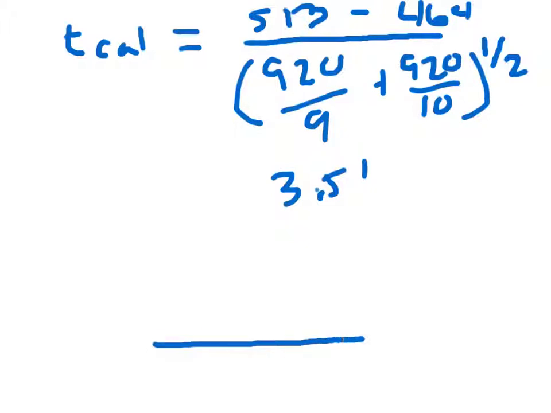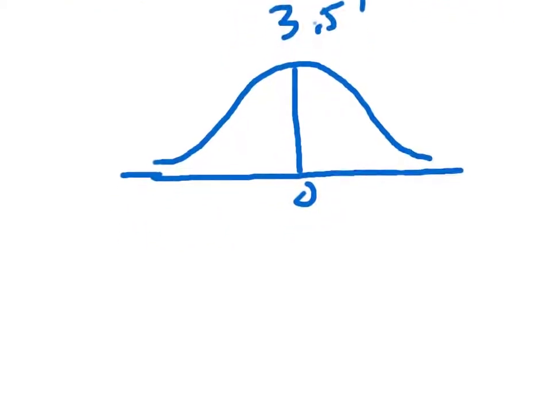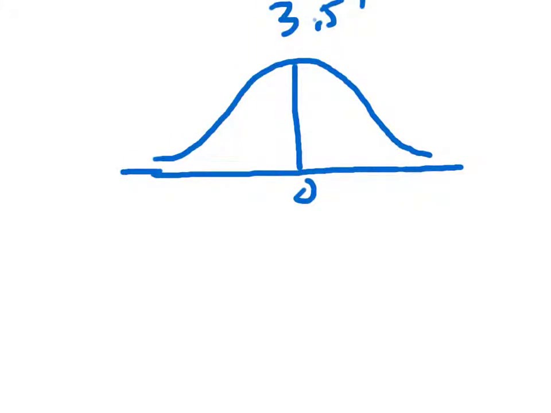Then lastly, we need to look up the critical values here, based on a normal distribution. We need to see where the critical values are. So we would look up a t with 5% significance.